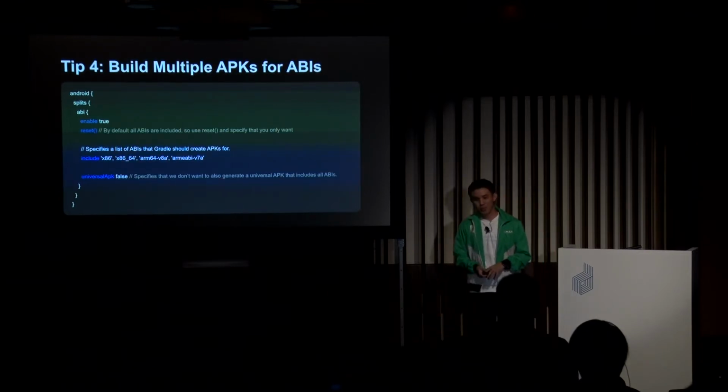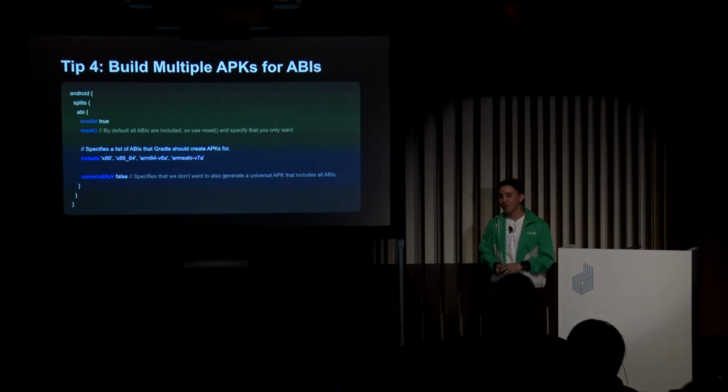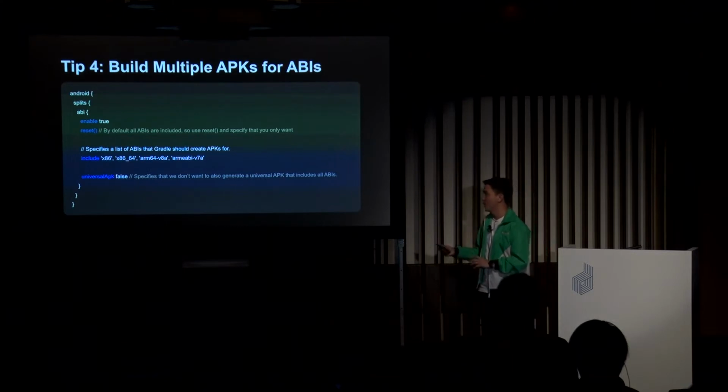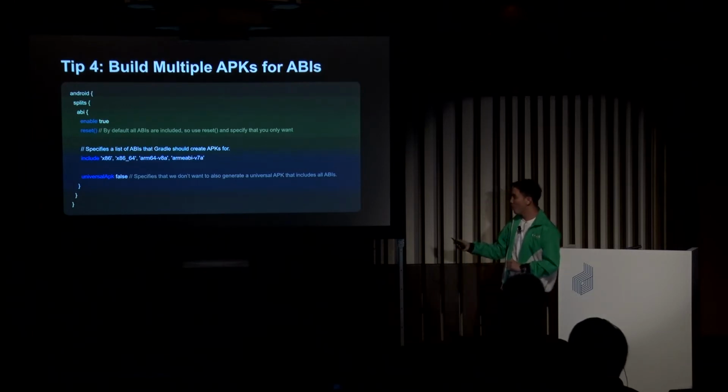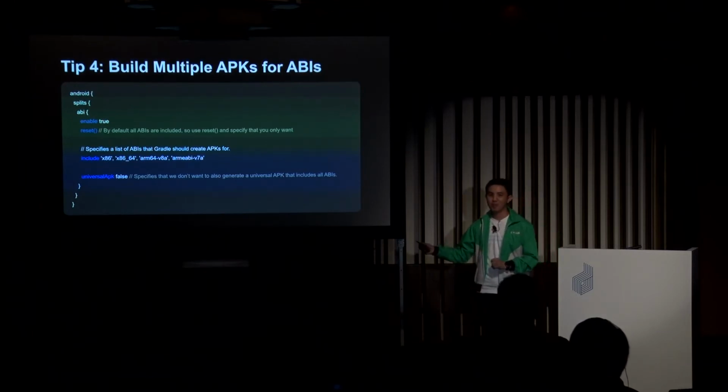Tip 4 is to build multiple APKs for ABIs. This one is similar to the previous tip, but it's different in that it's about the CPU architecture that you would like to take care of. You can include or exclude the CPUs that you would like to take care of. I think in the Android market in the world right now, there are 7 CPU architectures. 4 of them on the screen, you may know.